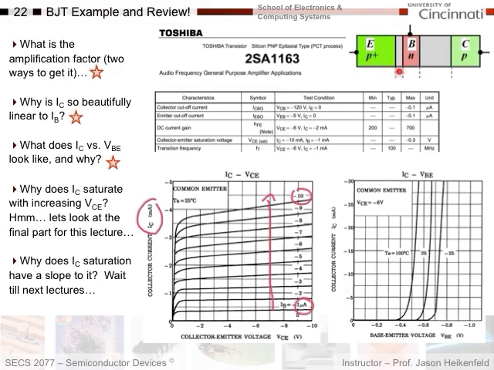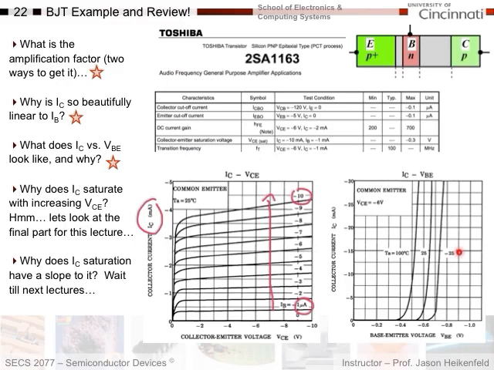If we are forward biasing the emitter base and increasing the voltage across here, we should see an exponential increase in the forward bias current, just like a diode, that gets injected into the base and then shows up coming out the collector the other side. And so my collector current versus VBE has an exponential diode-like behavior. The other thing they're showing here is there's a couple curves just for temperature. Don't worry about that. We'll talk about that in a few more lectures down the line.